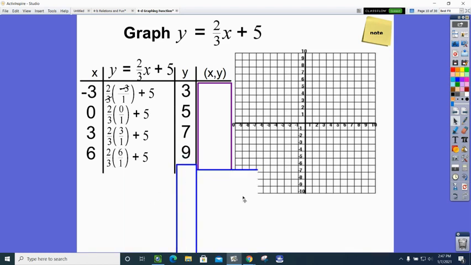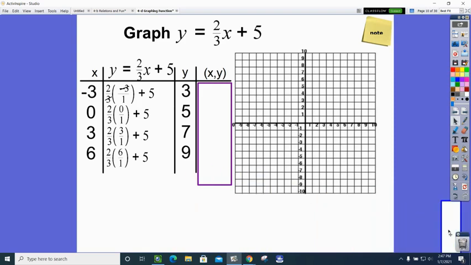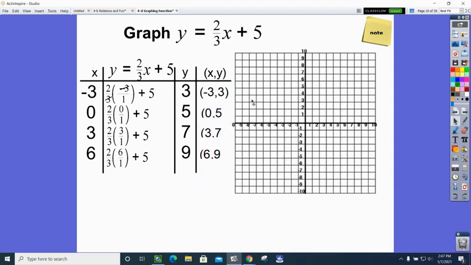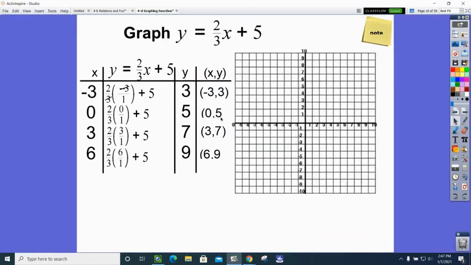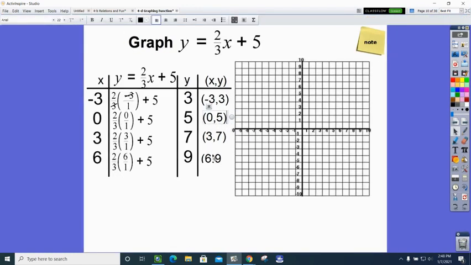So when I see that fraction, I get a little bit clever, people. And instead of just throwing the fave 4 in there, I pick multiples of the denominator so that I don't have to work with fractions and trying to plot parts of a block. So now, I don't know what happened here. Some of my parentheses just disappeared. That's kind of weird. Look at that. So let me fix that.